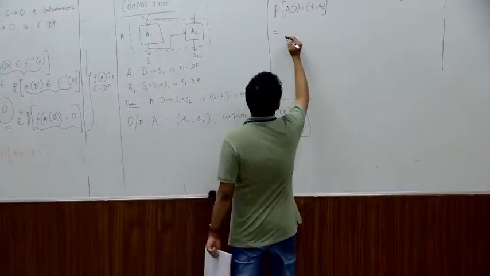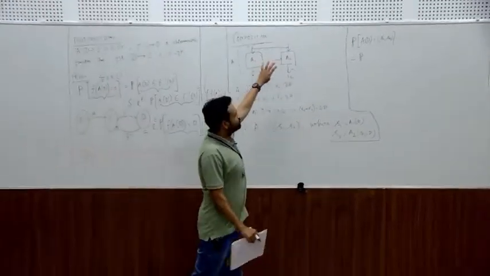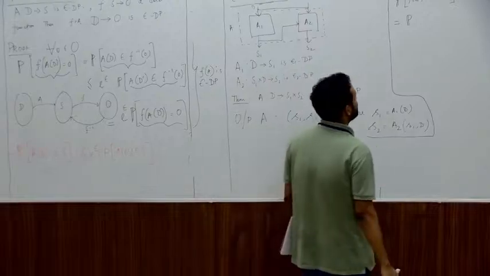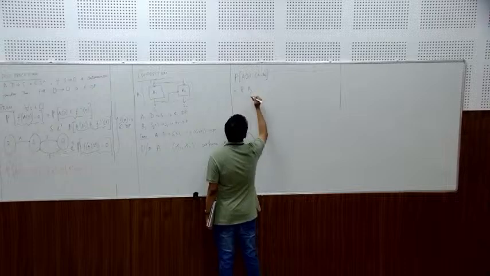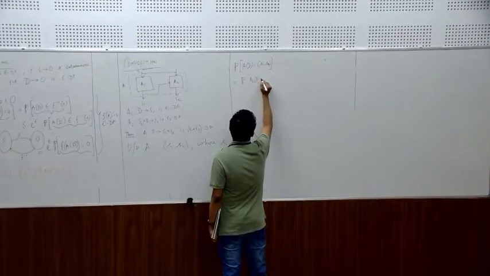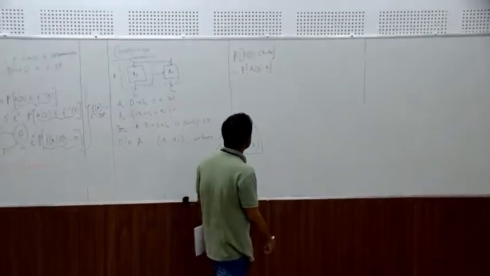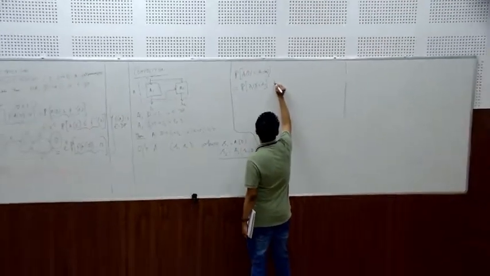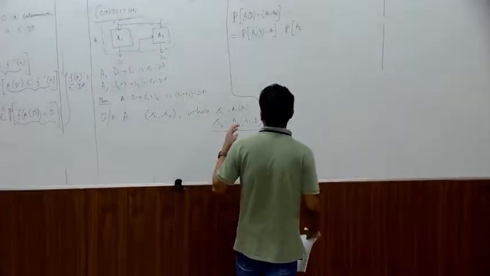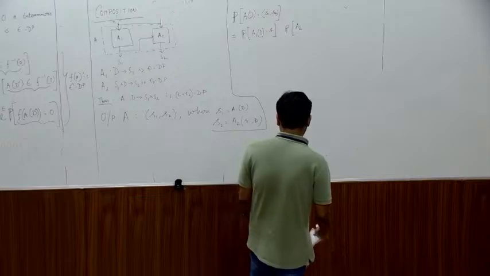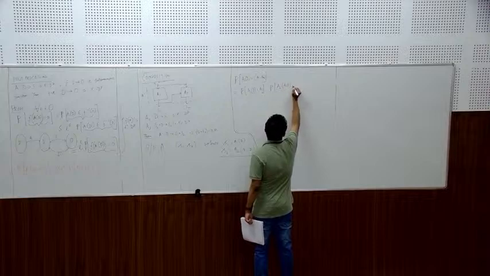This can be written as probability of, now we'll divide A into two parts, A1 and A2. Probability of A1 of D equal to s1 times probability of A2 of s1 comma D is equal to s2.